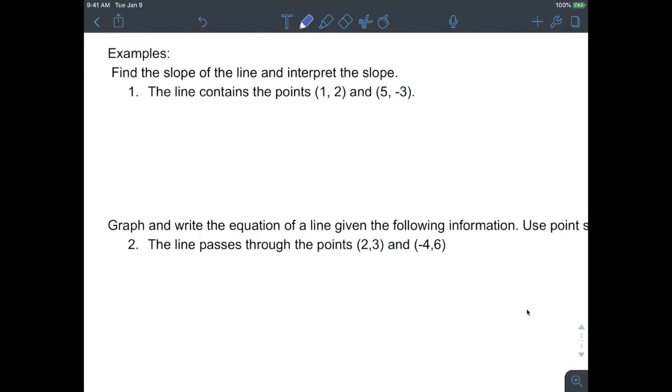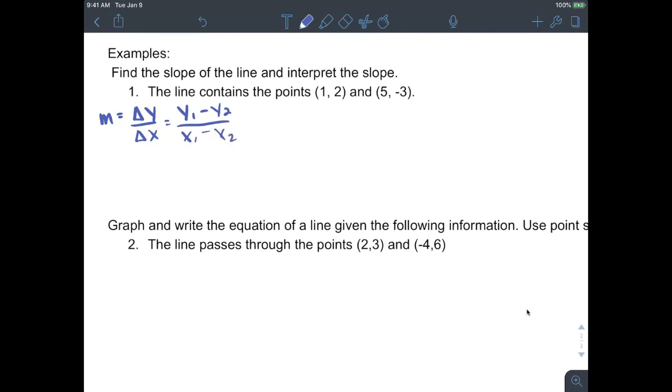So find the slope of a line and interpret the slope. That first off, that contains the points (1, 2) and (5, -3). So how do we find slope from 2 points? Slope is the change in y over the change in x, which is y1 minus y2, or y2 minus y1, over x1 minus x2.